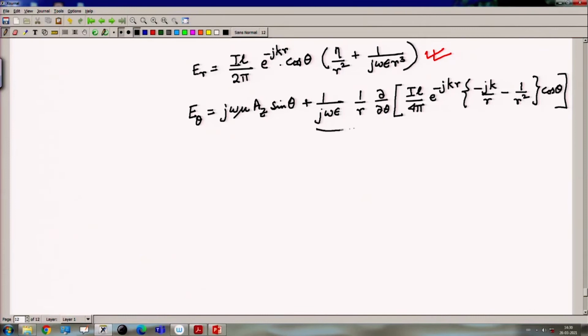So, this is the theta component of 1 by j omega epsilon grad of divergence of A.